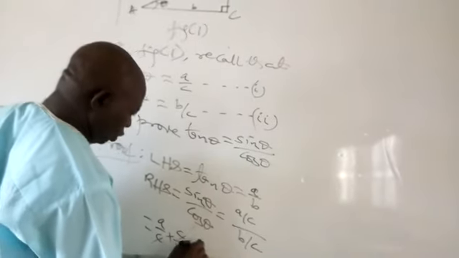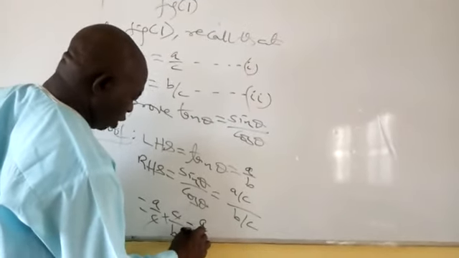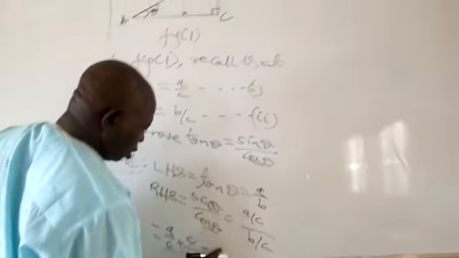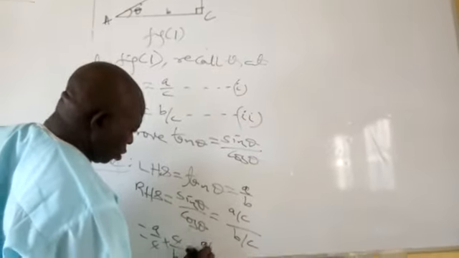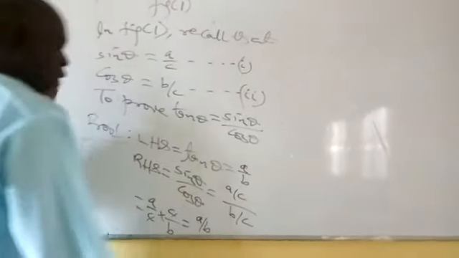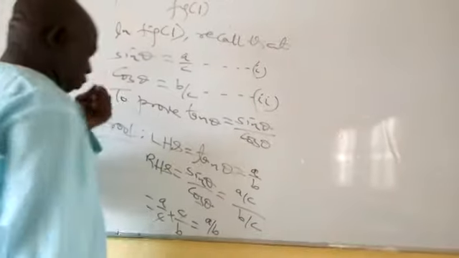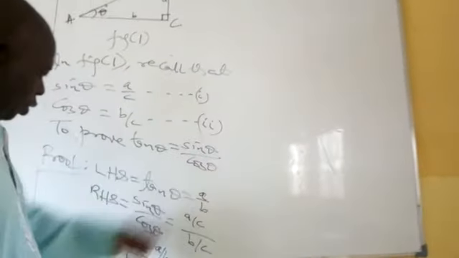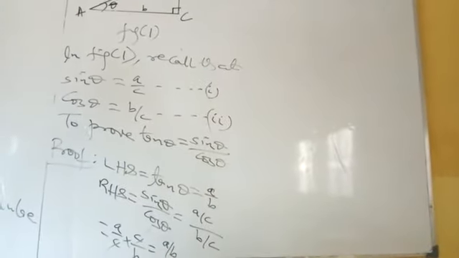Then I'm left with a over b, which is the same thing as the first result.